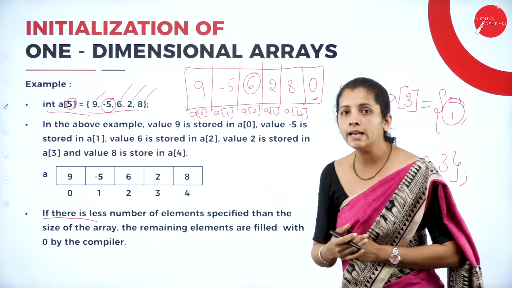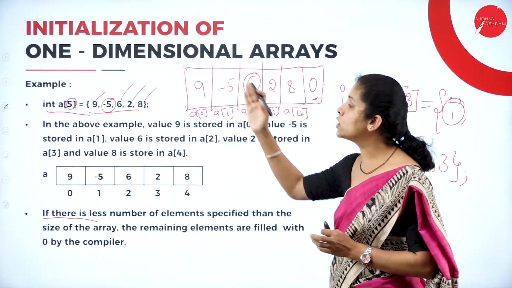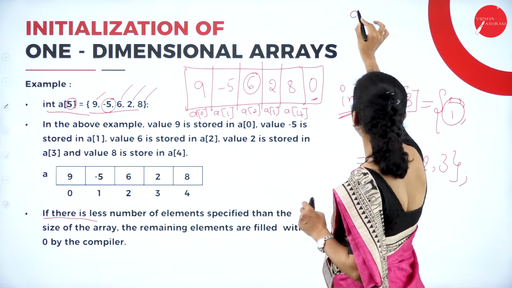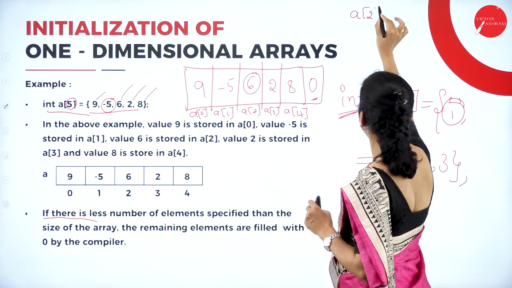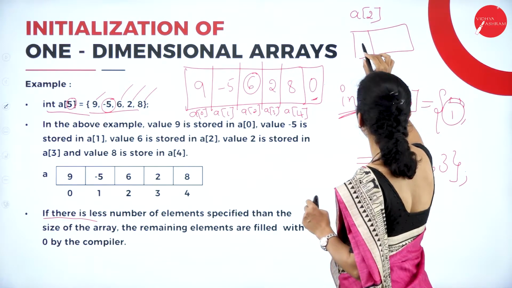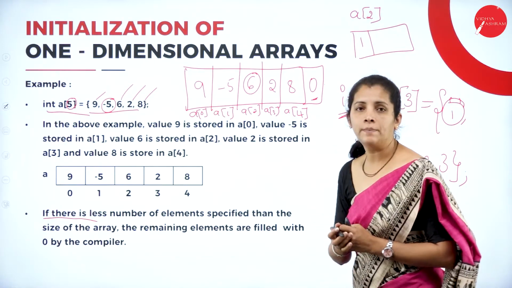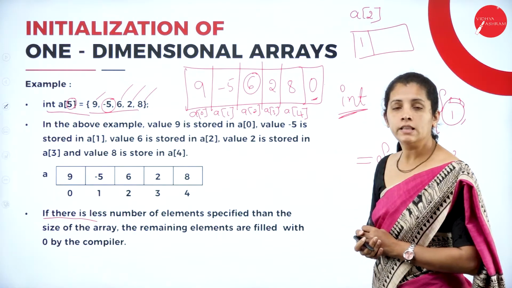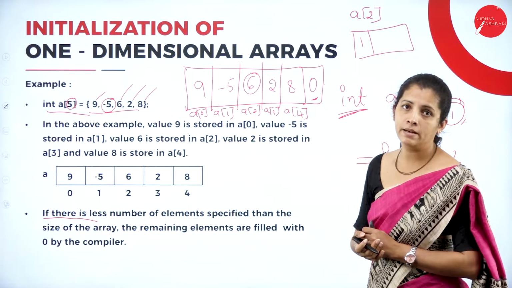So dear student, I'm going to repeat this concept once again. For example, say I have created a of 2 and I have initialized the value 1. Okay, and I left 1 position. Now, what's going to happen?